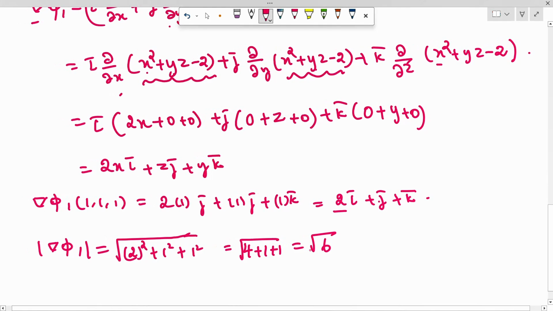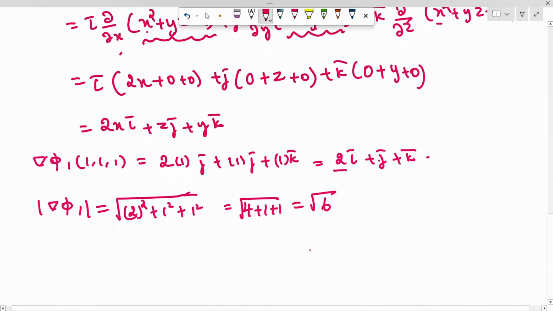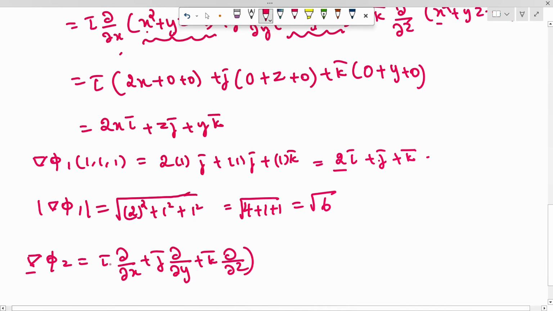In a similar way, we have to calculate del phi 2 at (1, 1, 1) and also modulus of del phi 2 from the given phi 2. Del phi 2 equals: first write the expansion of del, i vector into dou by dou x plus j vector into dou by dou y plus k vector into dou by dou z, into phi 2.